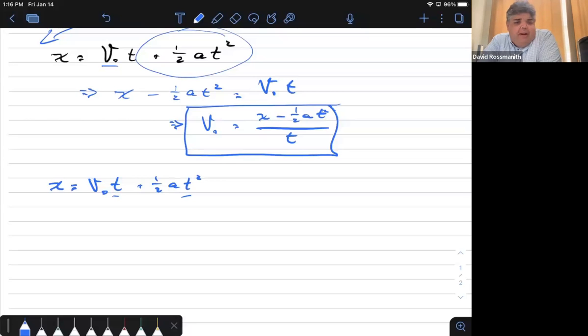And not only does it appear twice, but one of them is raised to the second power, it's squared. Well, now all of a sudden, this is not a simple basic algebra problem, relatively speaking. Rather, this is what's called a quadratic equation because in mathematics, they call a term which is raised to the second power quadratic.